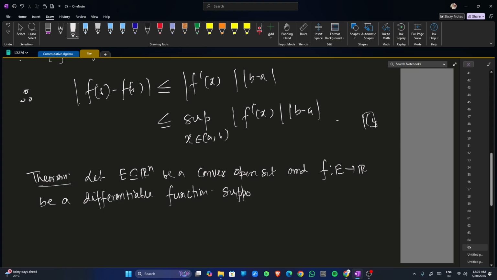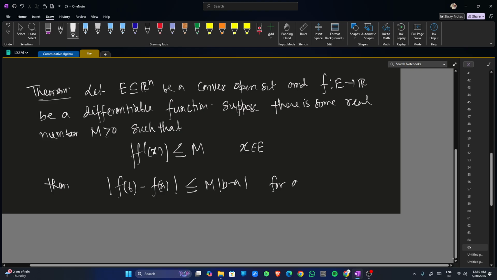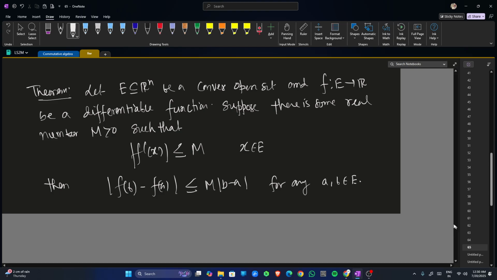Suppose there is some real number M greater than 0 such that the norm of f prime x is less than or equal to M for all x in E. Then the norm of f(b) minus f(a) is less than or equal to M times the norm of b minus a for any a, b in E.